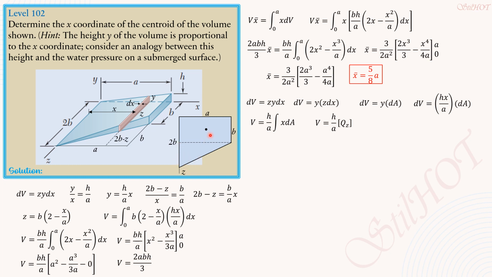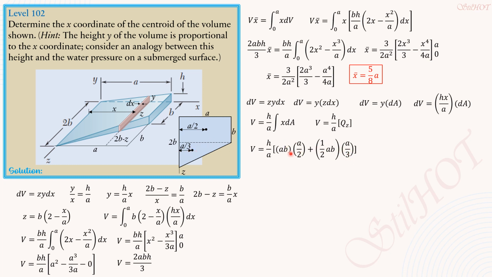This is the centroid of the rectangle, that is a over 2. And this is the centroid of the triangle, and this is a over 3. So substitute the value of formula for volume, h over a, times the quantity AB times a over 2, the moment of area of the rectangle, plus 1/2 AB, then moment arm a over 3 for the triangular part.